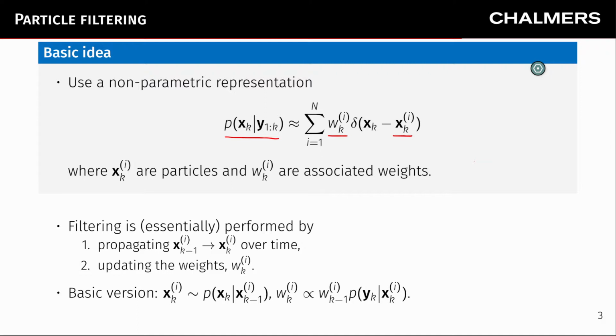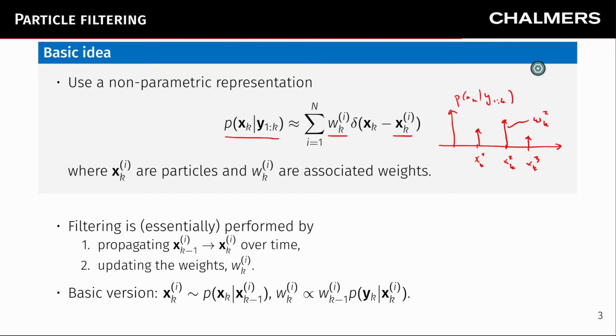So if we draw this, the probability of xk given y1 to k is then represented by a set of particles xk1, xk2, xk3, and so on, and each of these particles is represented by a Dirac delta function, and the height of this is then given by the weight, in this case wk2 for the second particle.